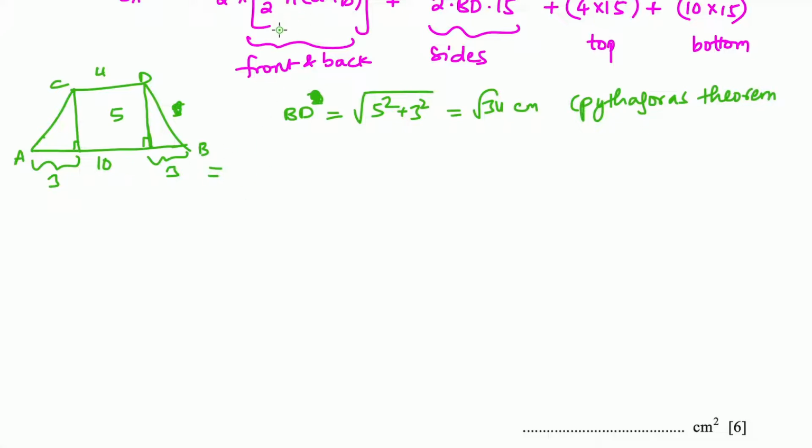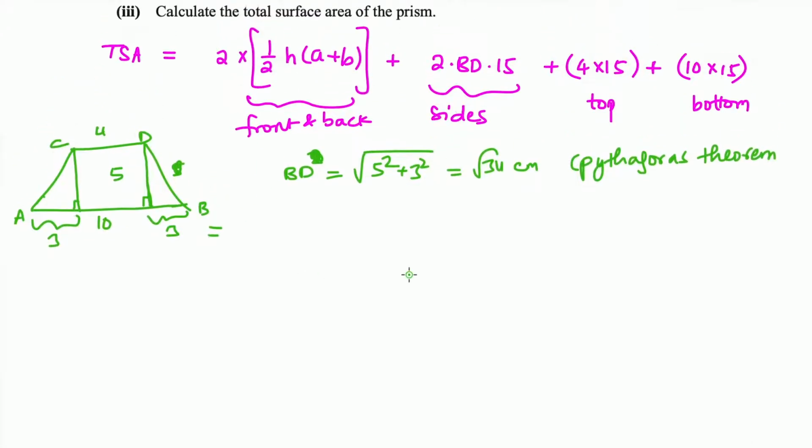So the front and the back areas we already calculated. So 2 into 35 plus 2 into square root of 34 into 15 plus 60 plus 150. So this is 70. 70 plus 60 is 130.